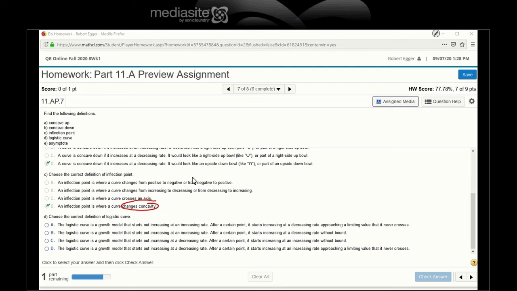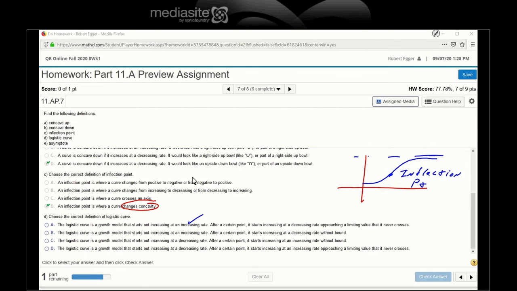Choose the correct definition of a logistic curve, and what that guy looks like. An asymptote and an inflection point. Logistic growth curve: the growth model starts out increasing at an increasing rate.